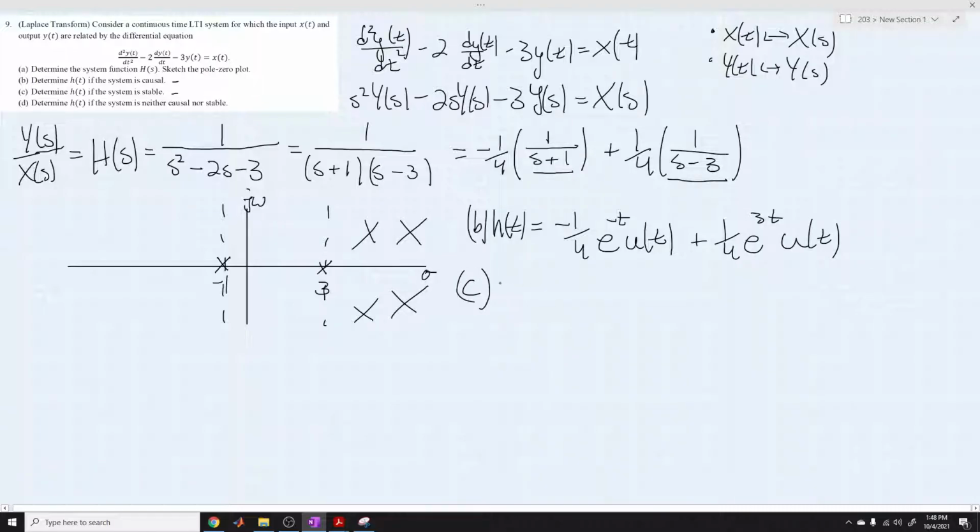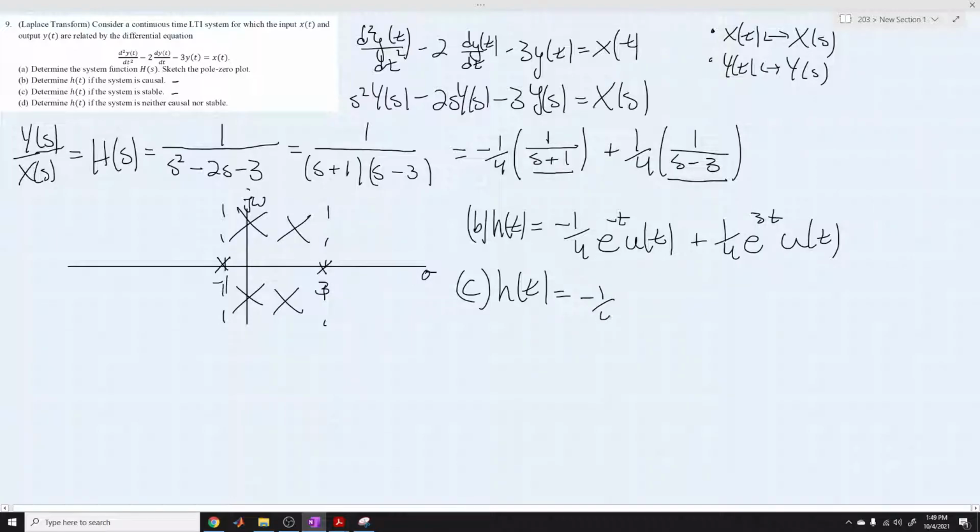Now, for c, we want to know h of t if the system is stable. That means we have to include the j omega axis, which is right there. So our leftmost pole is going to be a right-sided system, which is what this one here was.